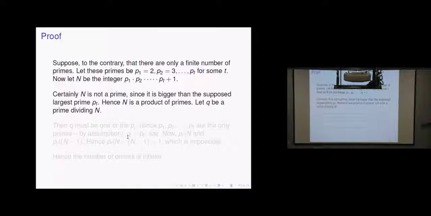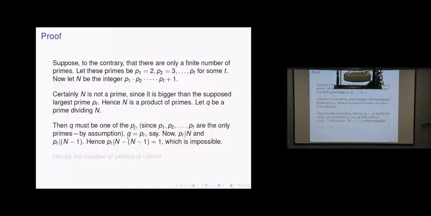So let q be a prime number dividing n. Then q must be one of the pj, because these are the only primes there. So let's say q is p sub r, for some r.